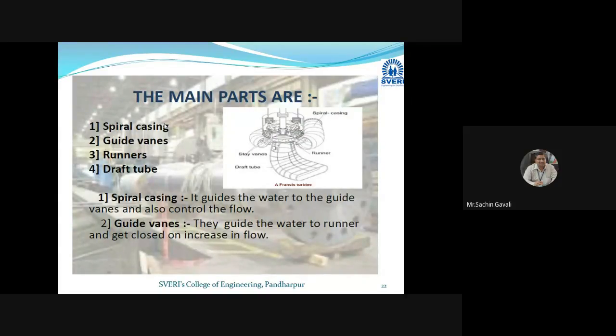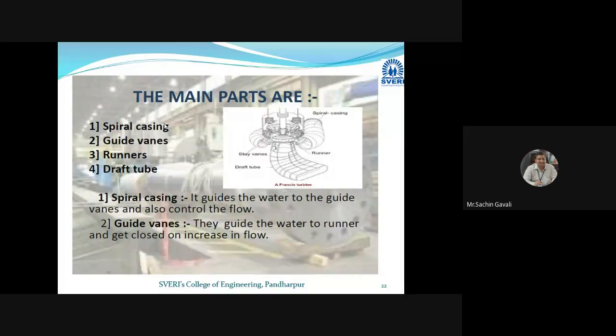Swaz, is Swaz there? Shubham, Nikita, PR. Ah, Swaz is there. Okay, Swaz, can you define the inward flow? Inward flow means water is moving from the outward direction to the inward direction, and the runner is moving with that.